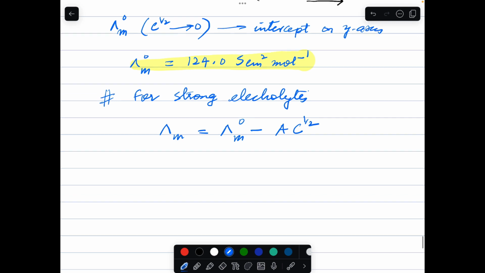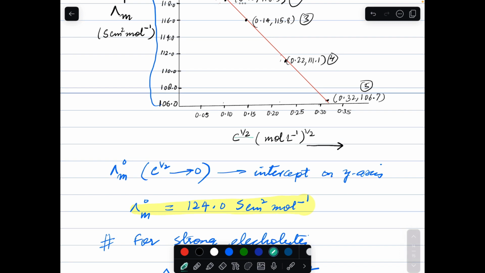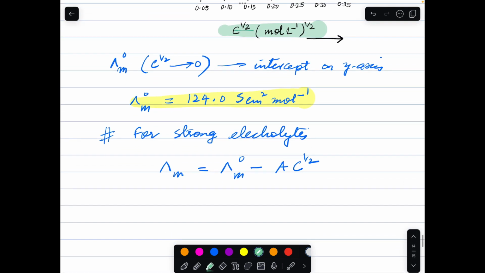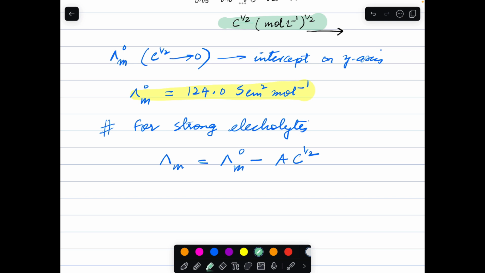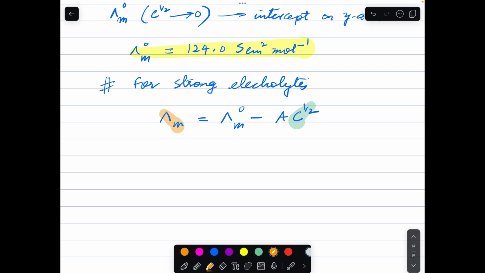Have a look here: on the x-axis we are plotting concentration raised to the power 1 by 2, and on the y-axis the molar conductivity. So in this case, the intercept is nothing but the limiting value of the molar conductivity.